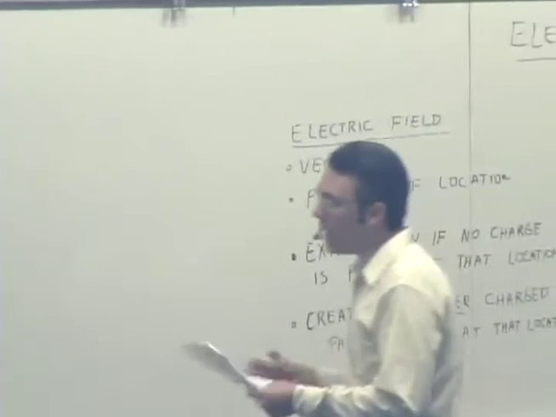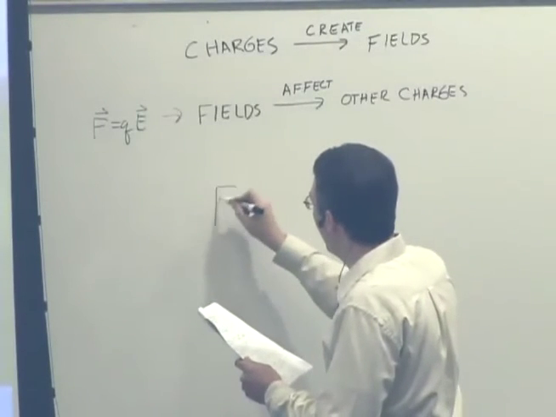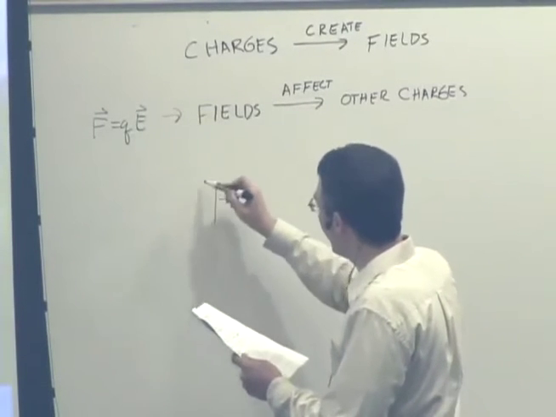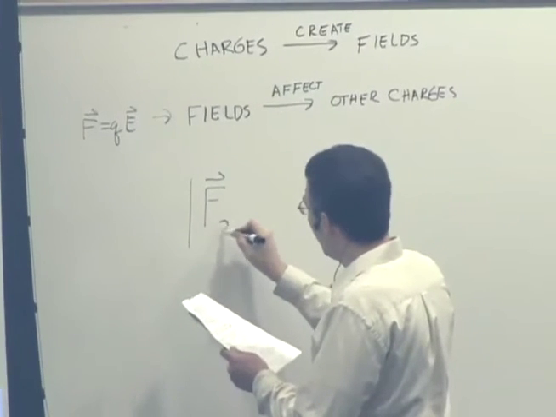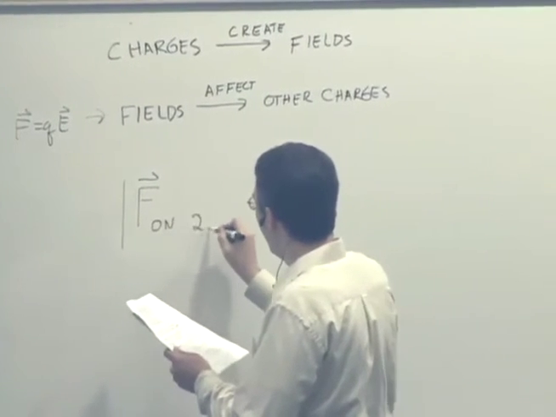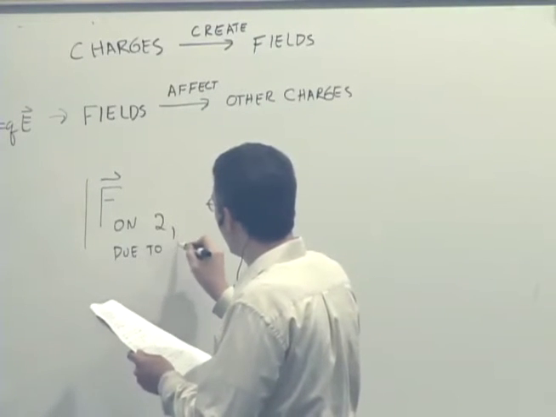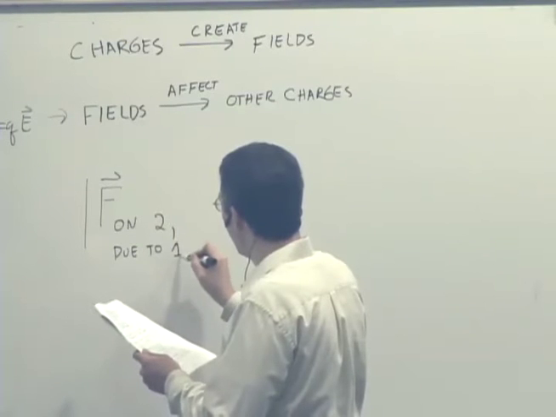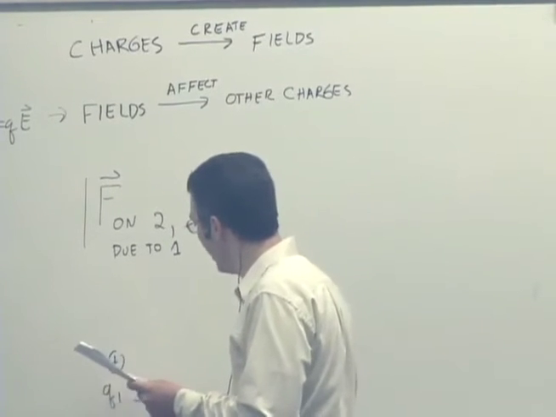Well, we said that the electric force, and I'm just going to look at the magnitude of this electric force. So we can say the force on charge 2 due to charge 1, just to be really explicit here. If I have two charges, in fact, let's draw them here. Here's a positive Q1 and Q2.